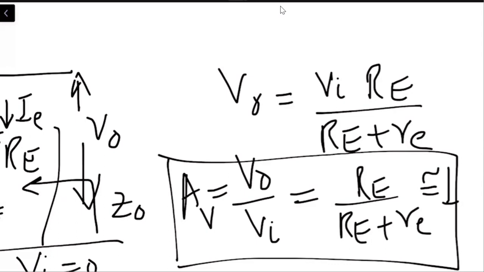In that circuit, you will apply the re model for the common base configuration, and once you put in the re model, you can go through this topic as well.